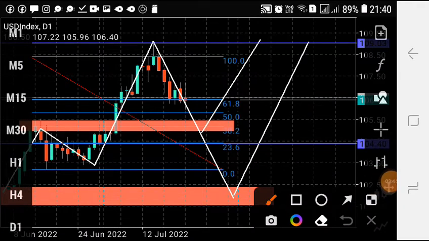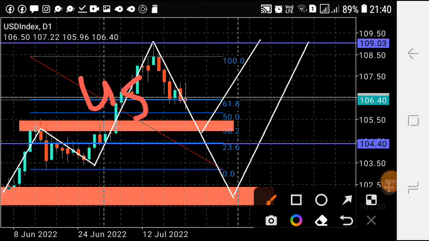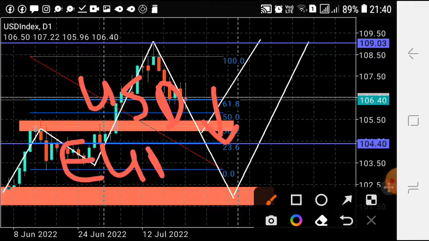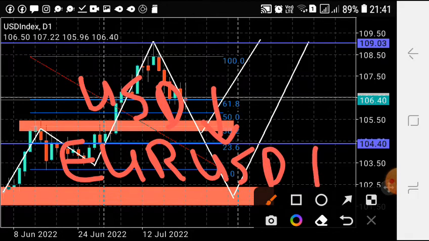So when the USD declines, sells, as you can see, for the previous week the dollar index was selling, was negative. When the dollar index sells, EURUSD buys because of the base currency.